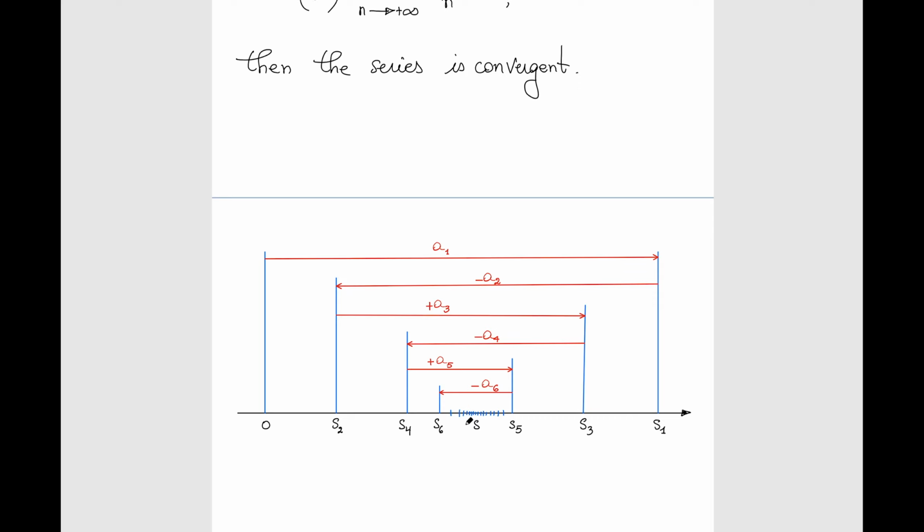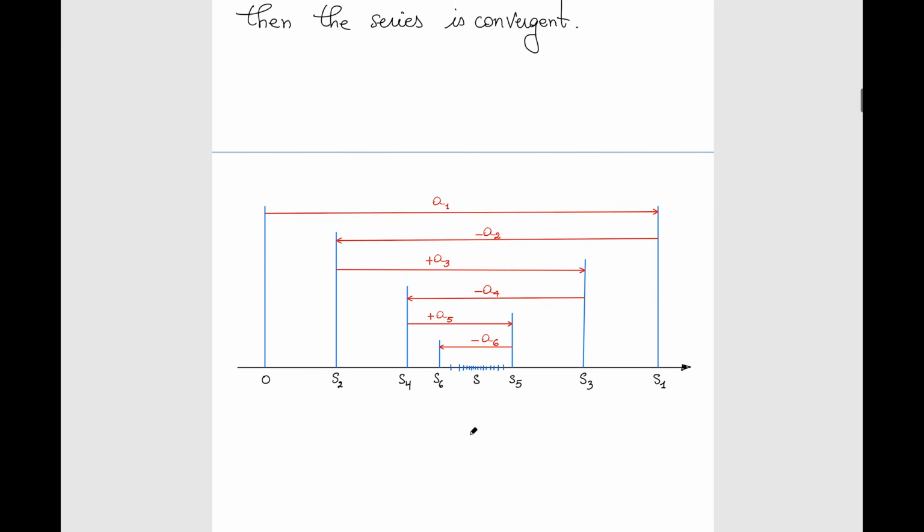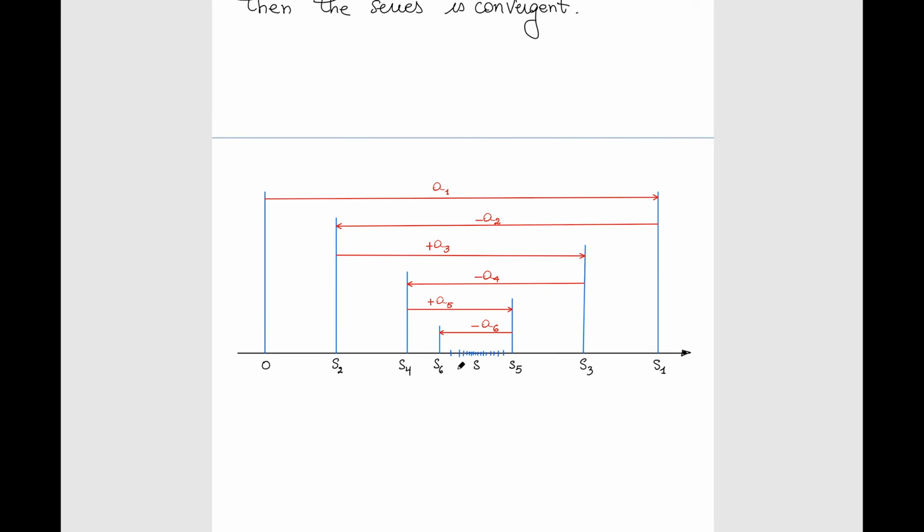Okay. Quick observation. It looks like S2, S4, S6, S8, all these even partial sums are increasing. And in contrast, S1, S3, S5, S7, these odd partial sums are decreasing.